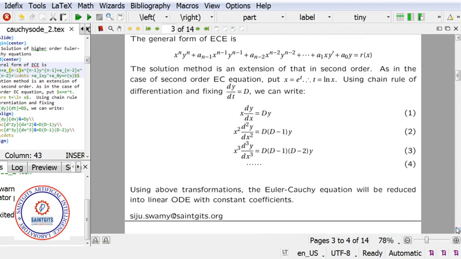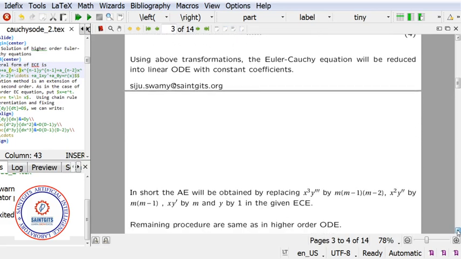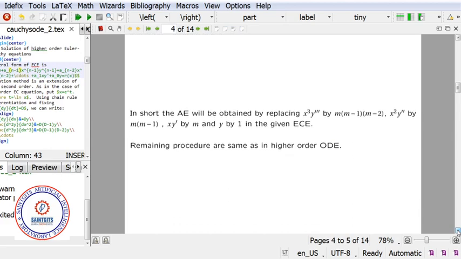When we use these transformations, the Euler Cauchy equation is reduced into our familiar ordinary differential equations with constant coefficients, and the remaining procedures are the same. As a tip, in short, the auxiliary equation is obtained by replacing x cube into y triple dash by m into m minus 1 into m minus 2.